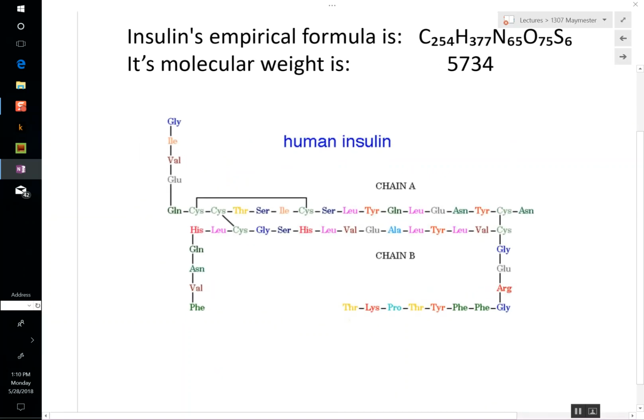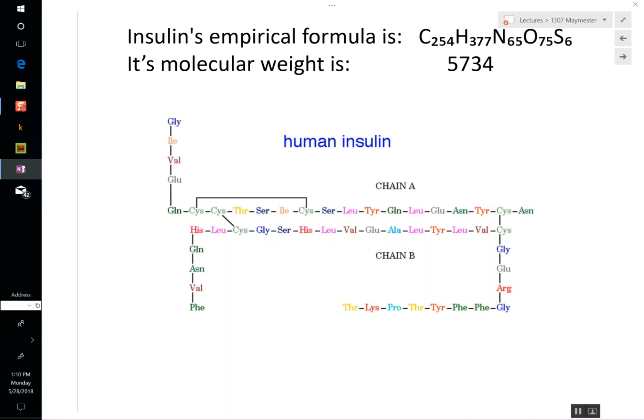Right here. This is human insulin. This is the amino acid sequence for the human insulin protein, and it is made up of 2 chains, chain A and chain B. The chains are attached to one another through disulfide bridges.